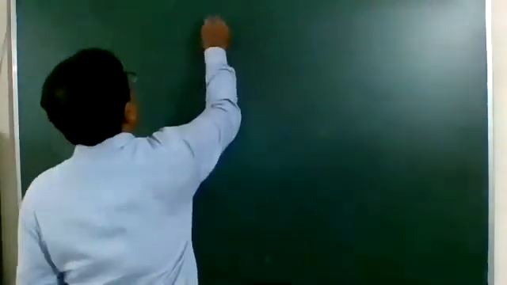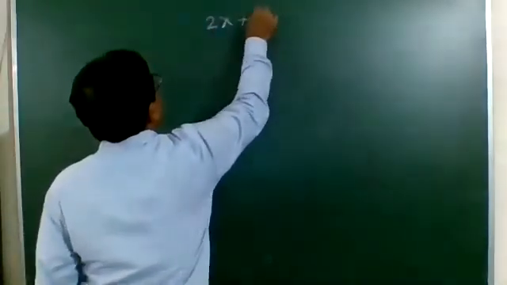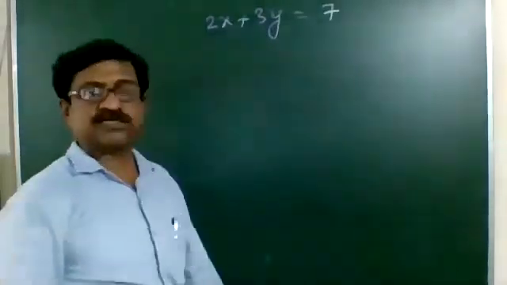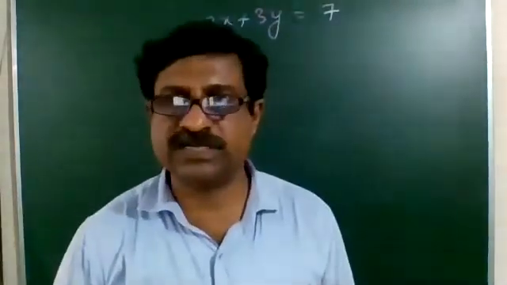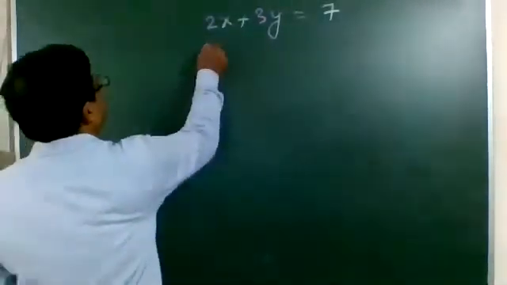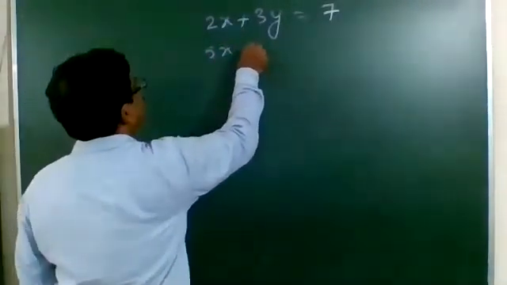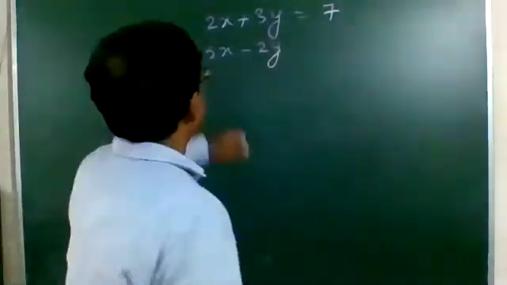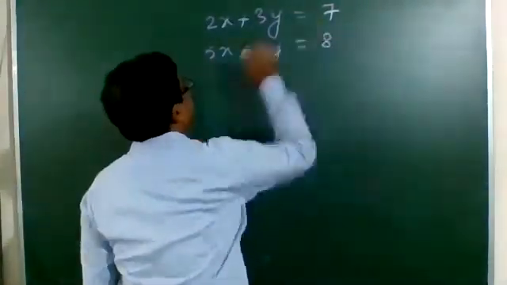Suppose I have taken 2x plus 3y equal to 7. And the second I am taking 5x minus 2y equal to 8.